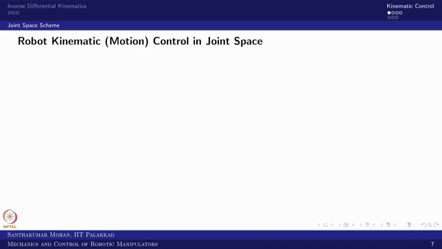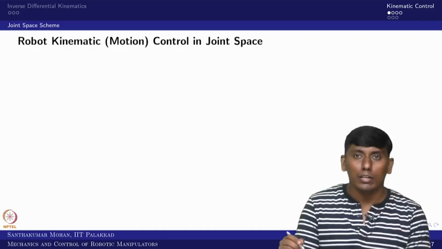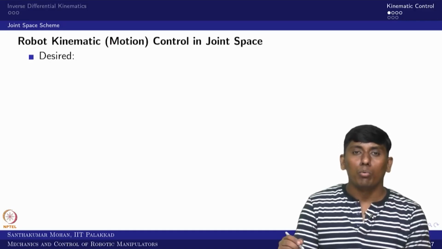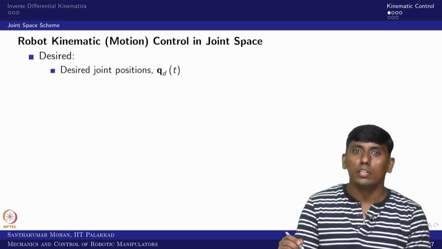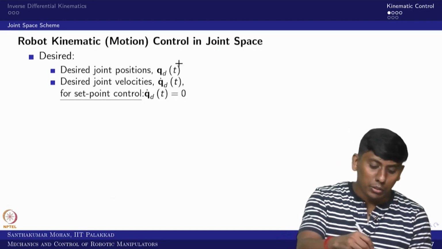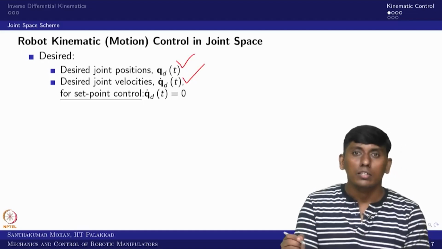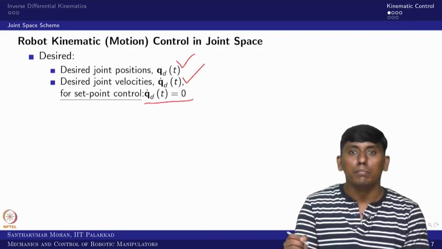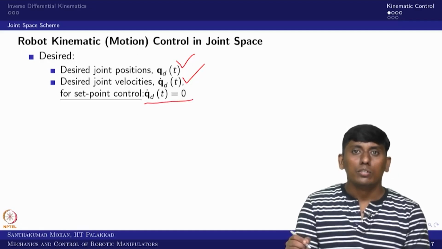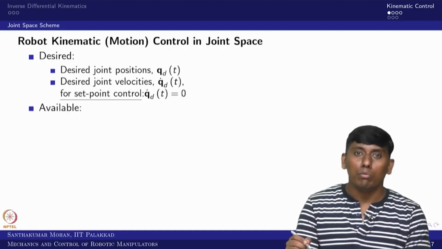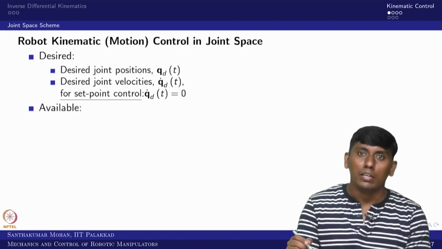Okay. So now we will move to the kinematic level control, where joint space is the consideration. Then the desired would be joint position and joint velocity, which is nothing but q desired and q desired dot. Okay. If it is set point control, the q desired dot would become 0. Then we can see what things are supposed to be available.